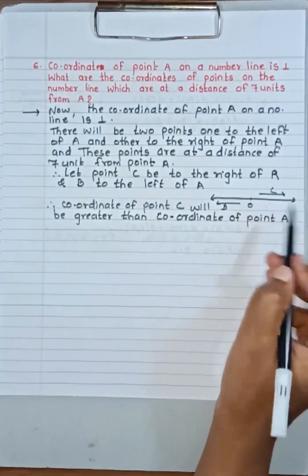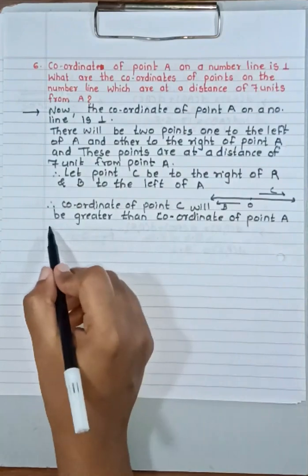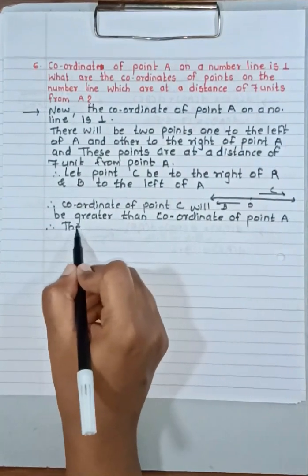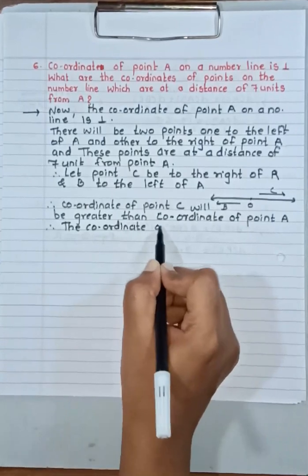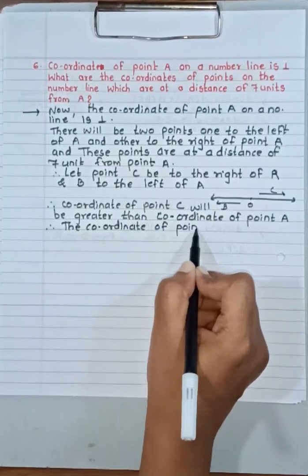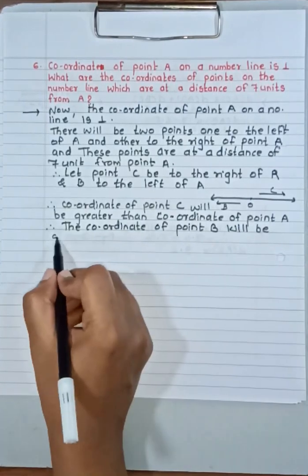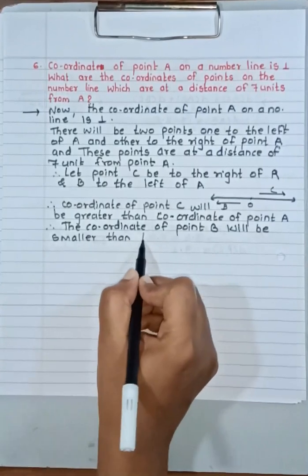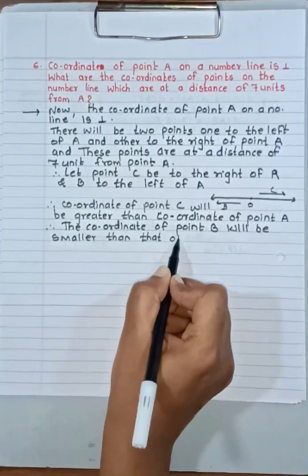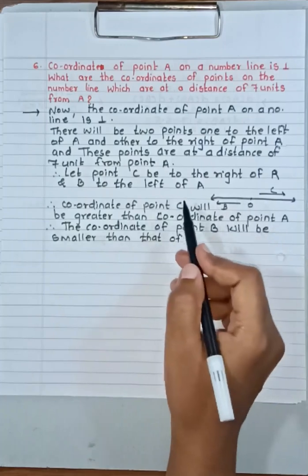Because C is to the right hand side of A, and to the right hand side of a number line we have all positive numbers. Okay, and the coordinate of point B will be smaller than that of A. As you know, to the left hand side we have negative numbers.